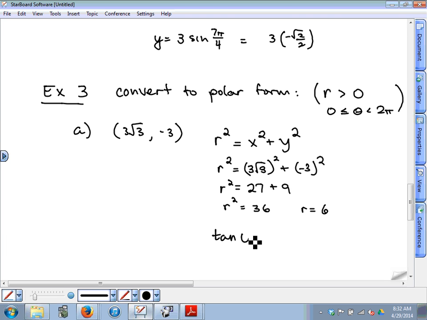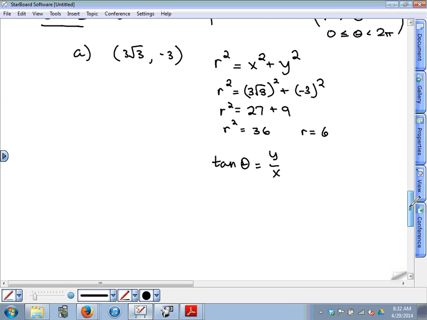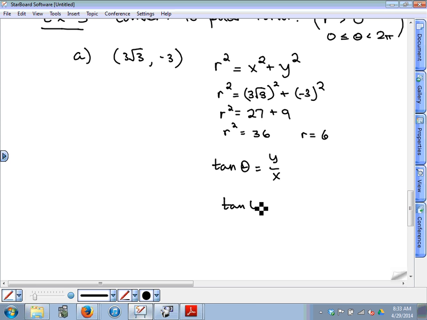Now, the tangent of theta is equal to y over x. So this means tangent of theta is equal to negative 3 over 3 square roots of 3. Now, it doesn't really matter to me if you rationalize this or not, because we're just going to take the inverse tangent of it anyway. This is not going to appear as part of our answer. You don't need to take the time to rationalize this, because all we're interested in is theta.